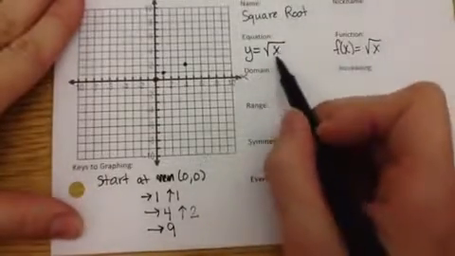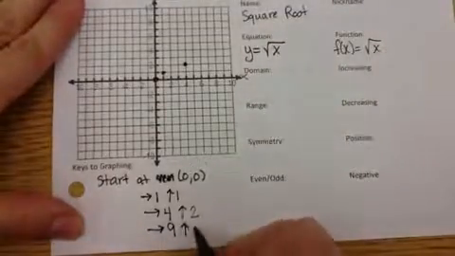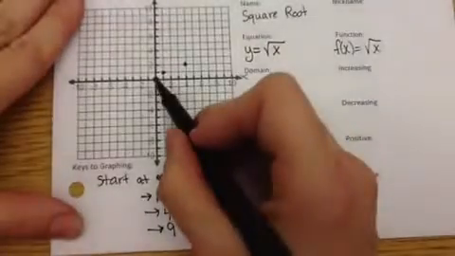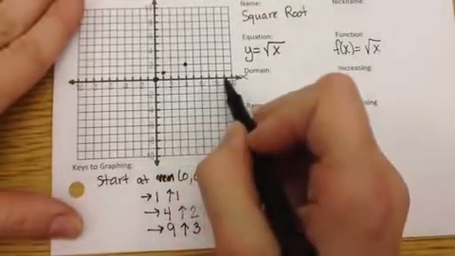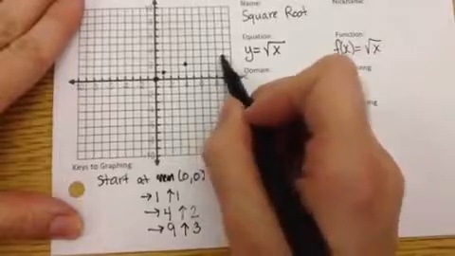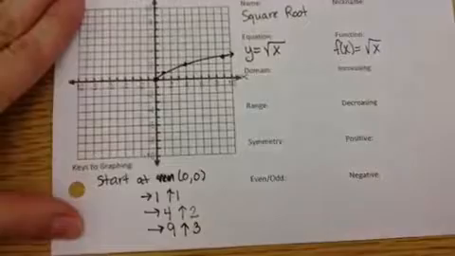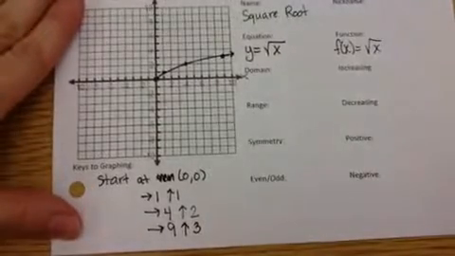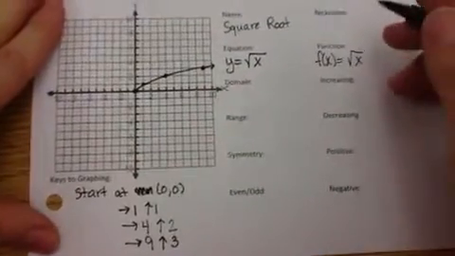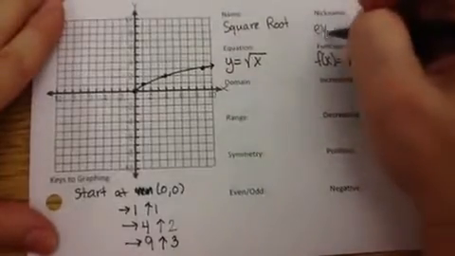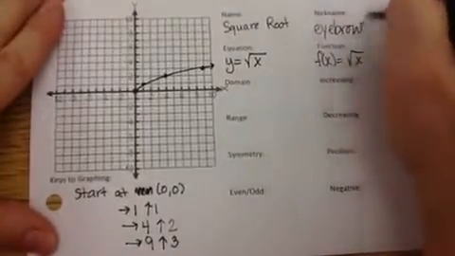So if I take the square root of 9, that's going to give me a y value of positive 3. So I will go back to the vertex and go over 9 units, up 3 units. And this is the shape of that graph. It kind of looks like a sideways parabola. I sort of think it looks like an eyebrow. You can nickname it what you want, but I usually call it the eyebrow graph.